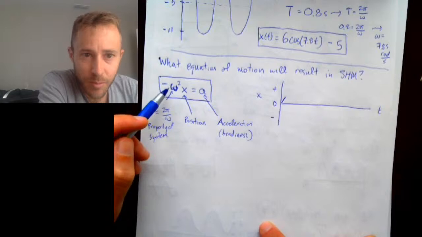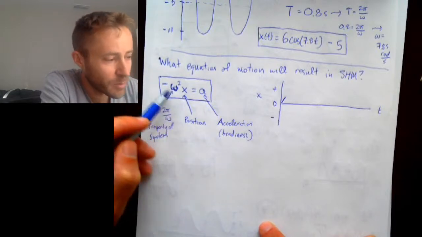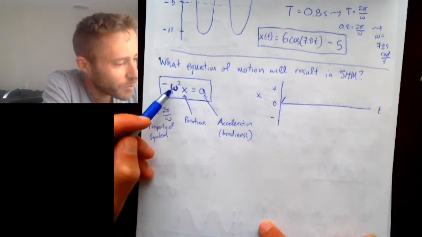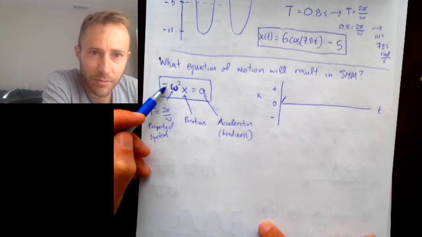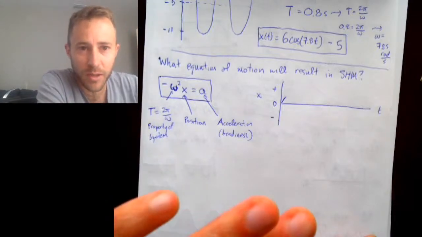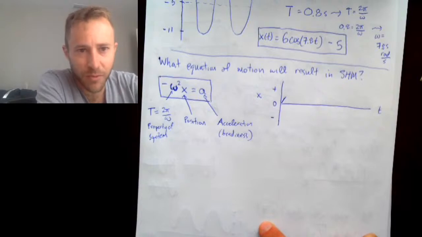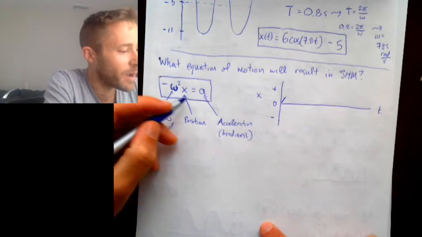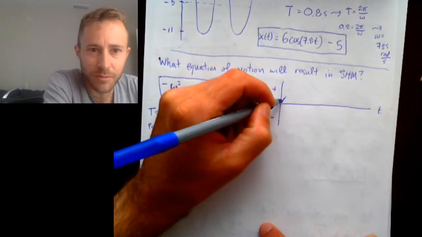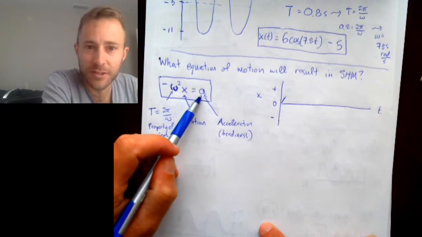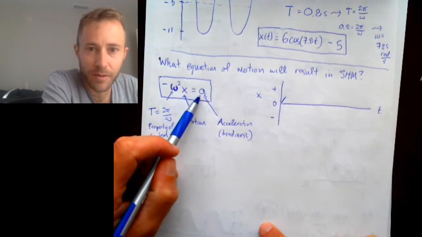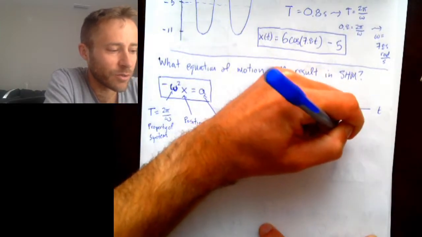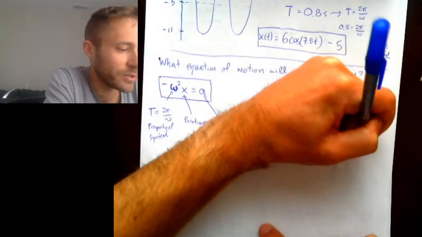Any number squared is going to be positive. So we have a positive number times a positive number times a negative. A positive times a positive times a negative, that's going to be a negative number when you multiply that out. It's like 3 times 5 times negative 7. That's going to be a negative number, right, when you multiply all that together. So that means that when the position is positive, the acceleration is negative. Okay? So when x is greater than 0, the acceleration is less than 0.